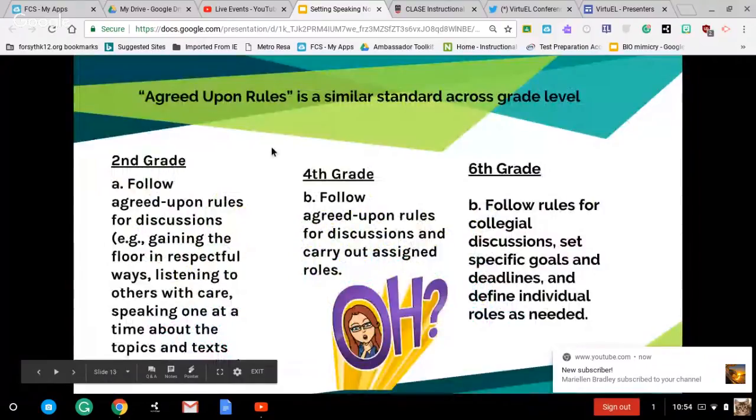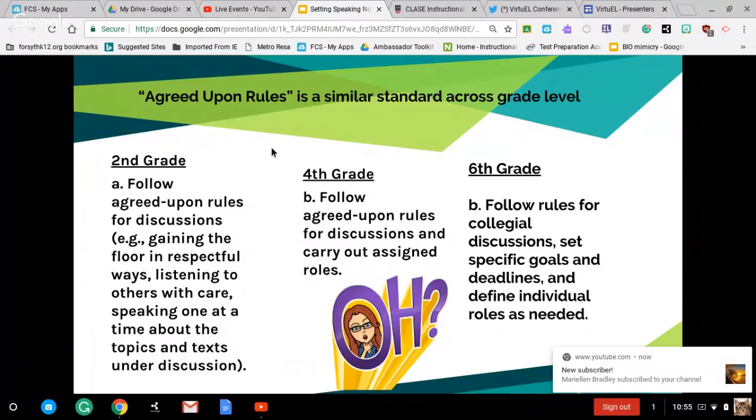If you start with the standards, they know that this is important. In fact, it is on the report card. And one of the parents didn't understand why their student was not achieving a 4 in speaking and listening.